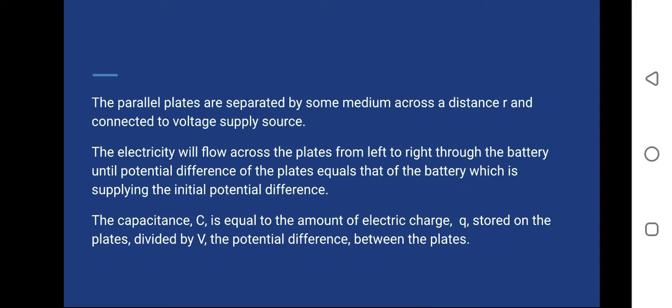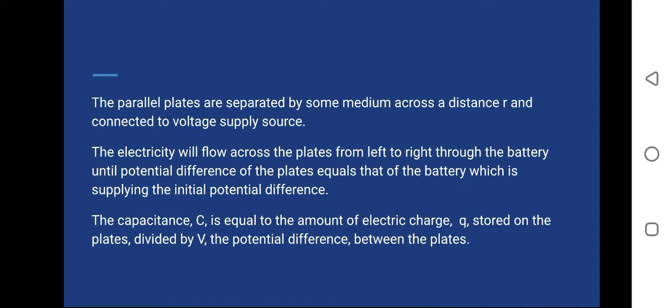The parallel plates are separated by some medium across a distance R and connected to the voltage supply source. Electricity will flow across the plates from left to right through a battery until the potential difference of the plates equals that of the battery, which supplies the initial potential difference.